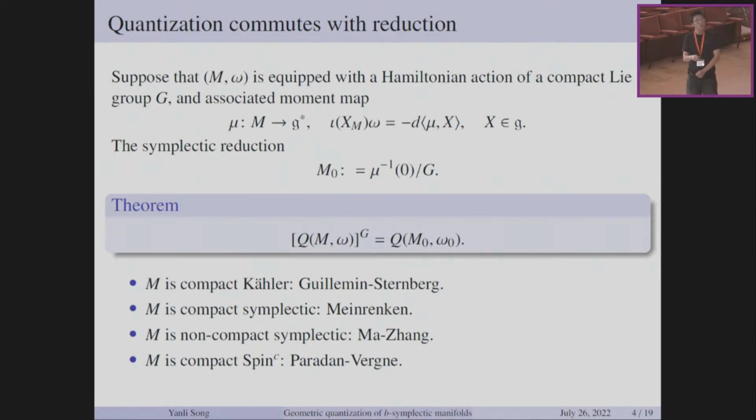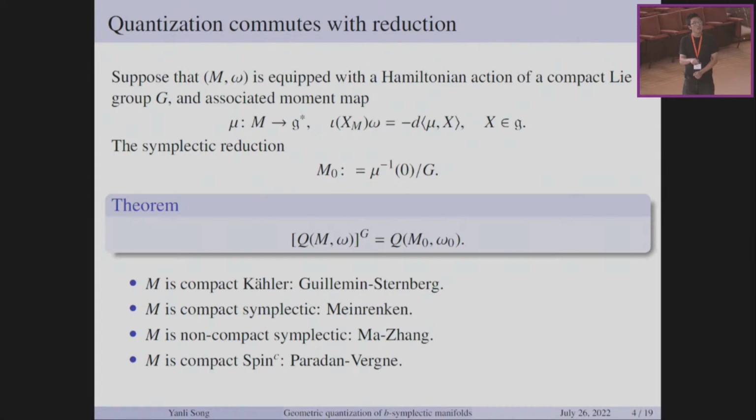One thing we know is that this symplectic reduction M0 turns out to be a symplectic manifold. If the symplectic 2-form omega you begin with is integral, meaning it is the curvature of some line bundle, then the symplectic 2-form on the reduced manifold will still be integral. So you have a pre-quantum line bundle also on the reduced space.